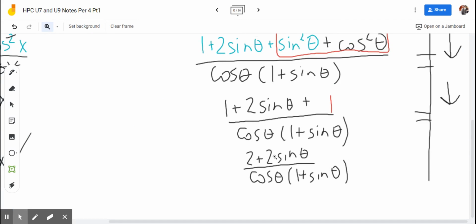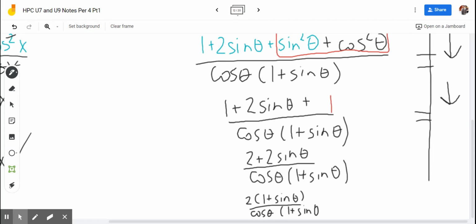So now this here, you could probably start to see what's going to happen. You can factor out a 2, so we'll have 2 times 1 plus sine theta over cos theta times 1 plus sine theta.